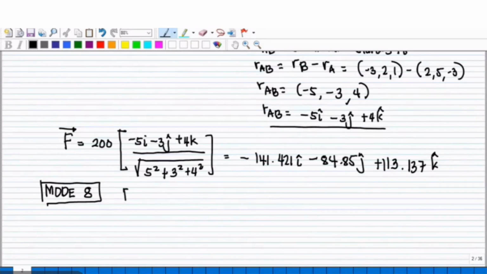Okay? So, position vector lang po. So, take note po, this is alternative solution by mode 8 or vector. Ang i-utilize lang natin dito is yung position vector na. Okay? So, eto, nakuha naman natin kanina. Ayan. So, ito lang po yung gagamitin natin.